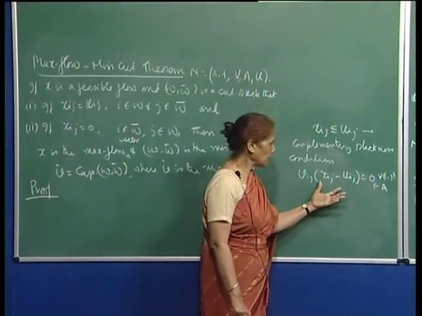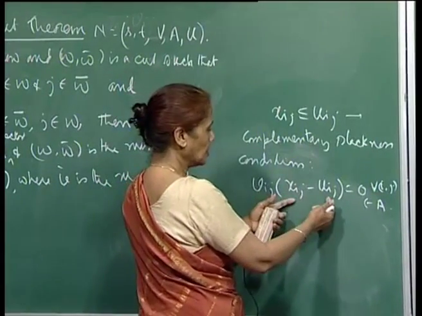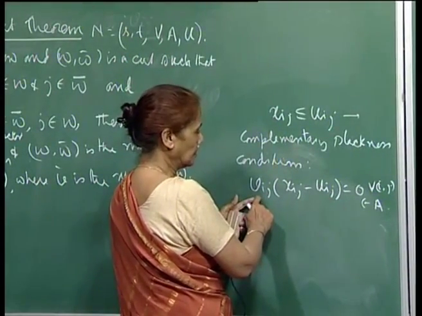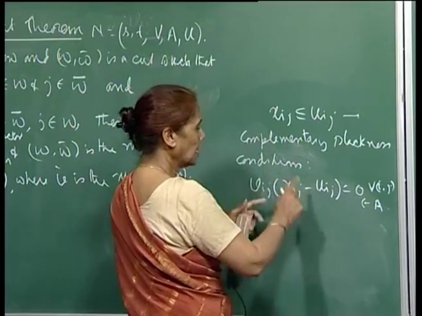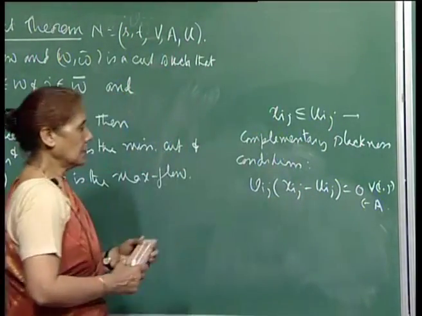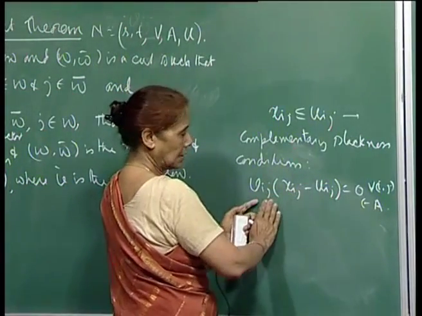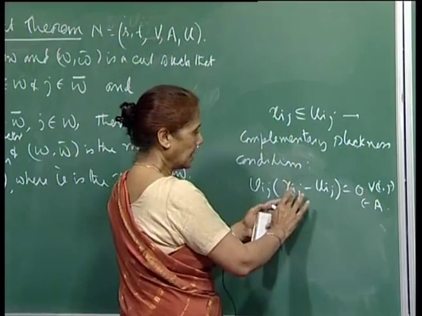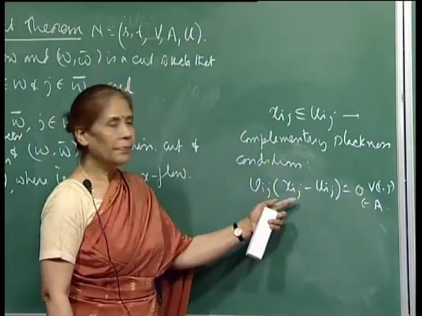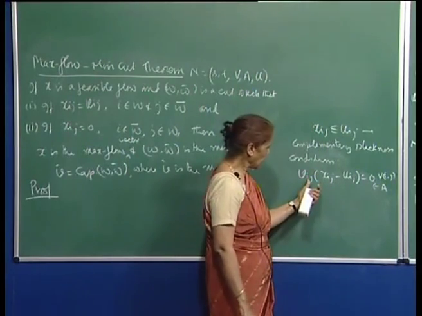It means that if Xij is Uij, then Vij can be anything, but when Xij is less than Uij, which means it is 0, then Vij must be 0. When Xij is Uij, this is anyway 0, so it does not matter what Vij is.